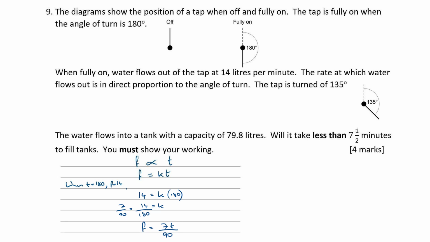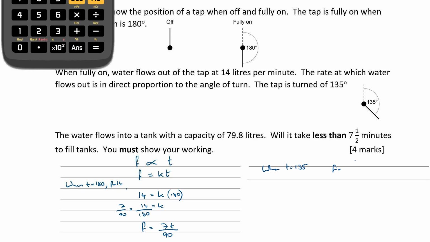Now we've got a formula that links F and T together. We can find what F is at any given T. So we want to know what the flow is when the tap is turned to 135 degrees. So when T is equal to 135, what's F?